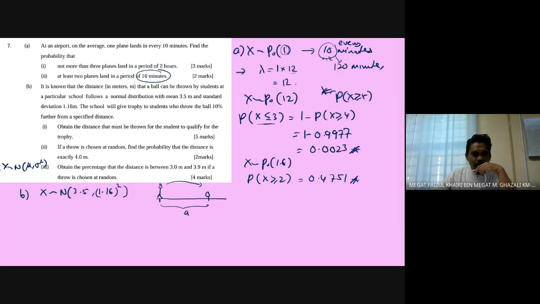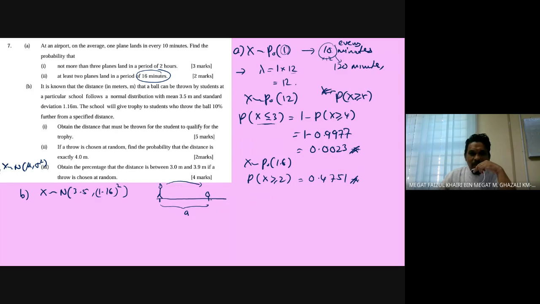So a ball can be thrown by a student at a particular school, following a normal distribution with mean 3.5 and standard deviation 1.16. The school gives a trophy to students who throw the ball 10% further.